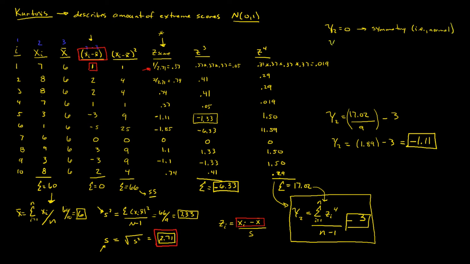If gamma 2 is positive, above this, you're going to get a very narrow looking curve. It's going to be very narrow or peaked, which means you're going to have less extreme scores.